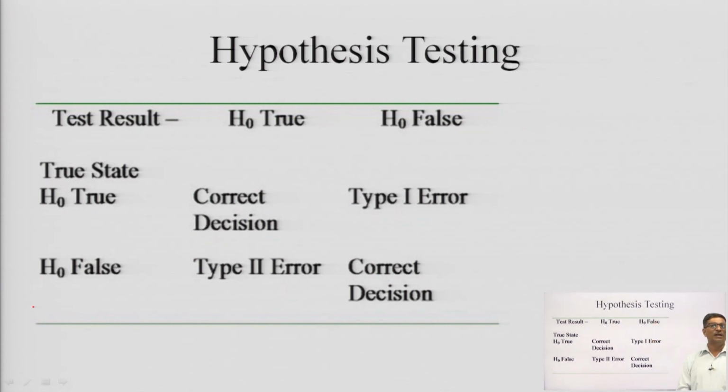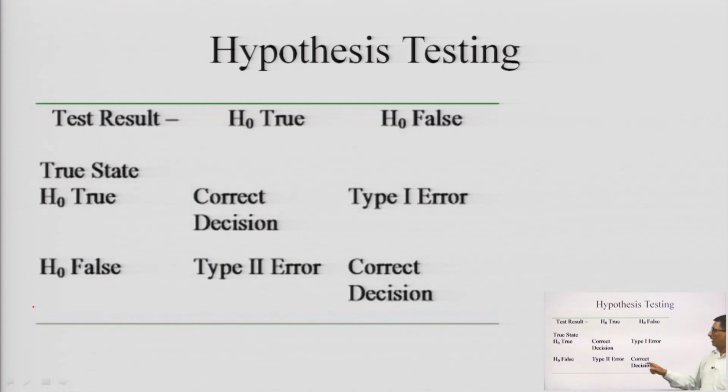this is called type 1 error or alpha error. When in true state the null hypothesis is true, but the test result shows false, this is called type 1 error or alpha error.